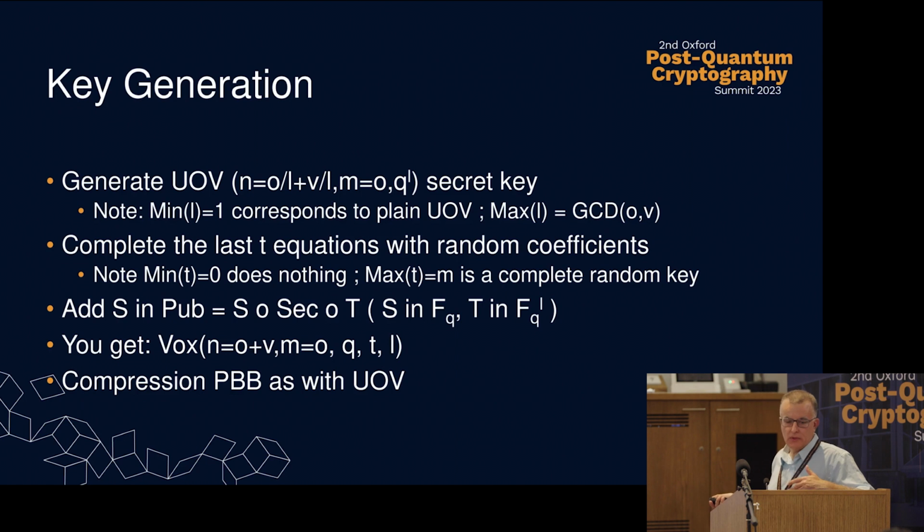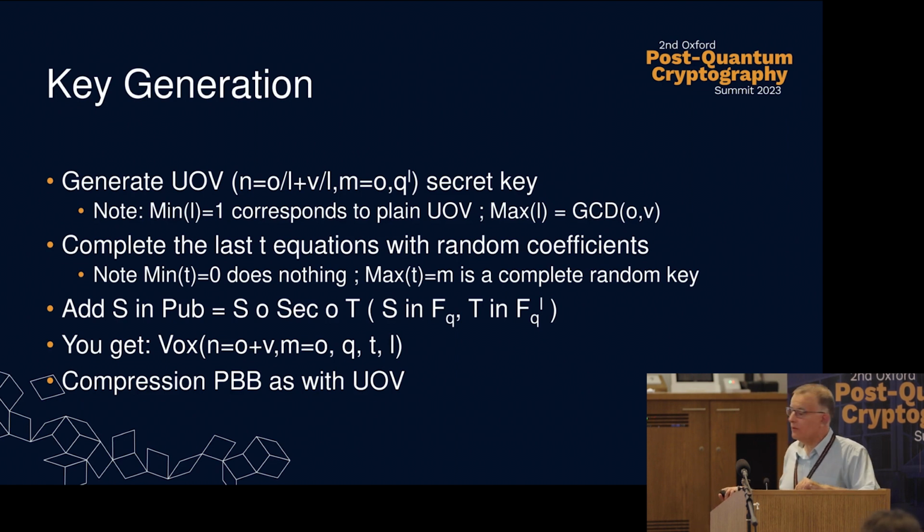So this game comes to an average multivariate quadratic system where you hide a central map between two linear mappings, whose role is to hide the secret mapping.